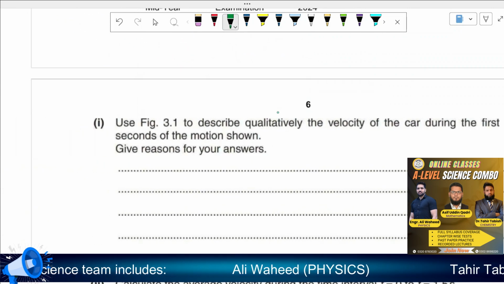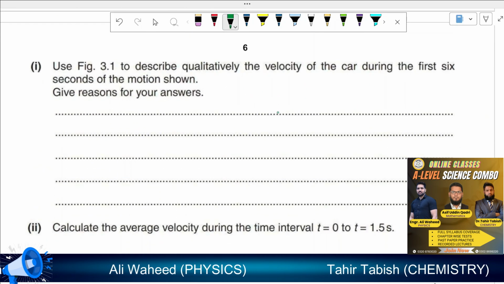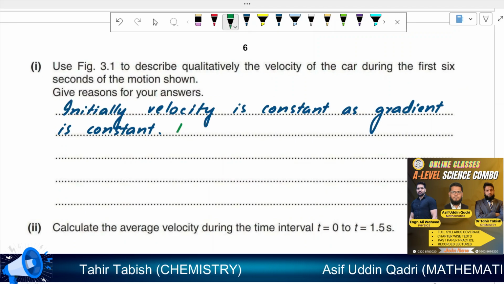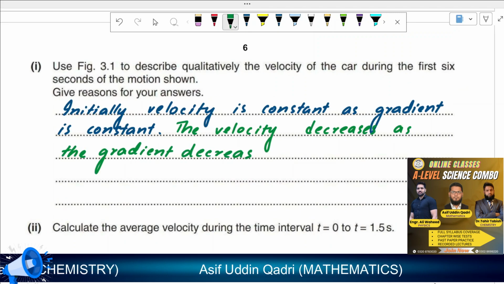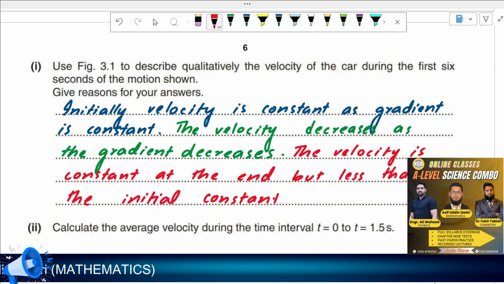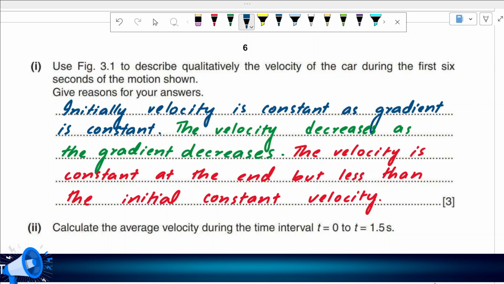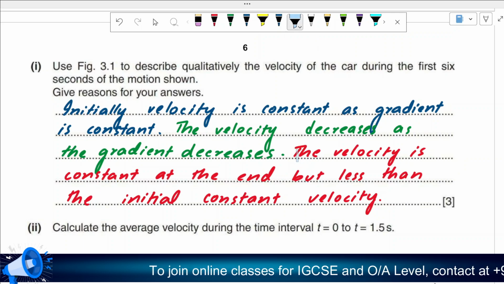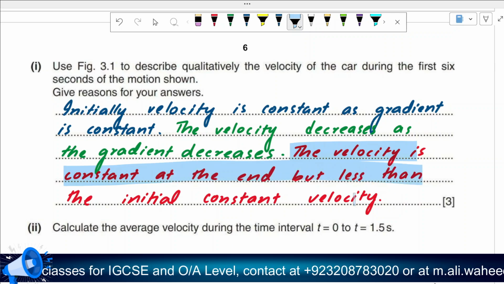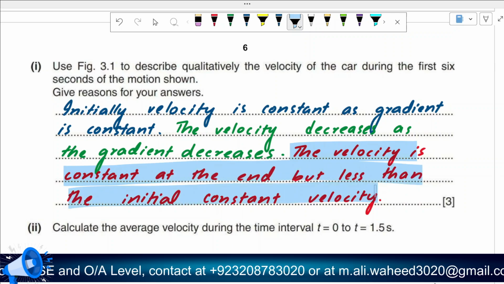So how do we phrase all of it? We break it down into 3 steps, for 3 marks. Now many of the students, they don't add the last part. They don't compare the magnitude of the gradient of the initial and the final velocity.